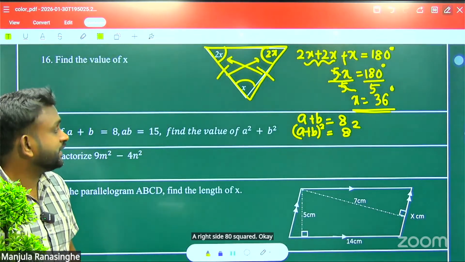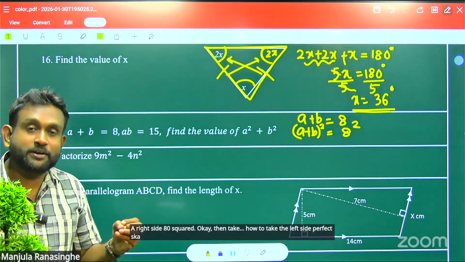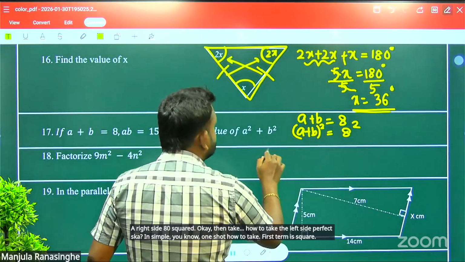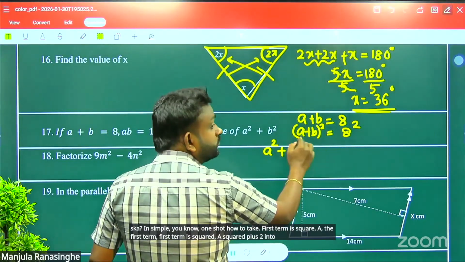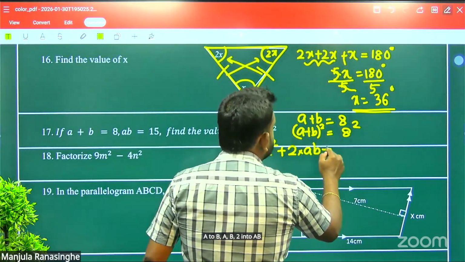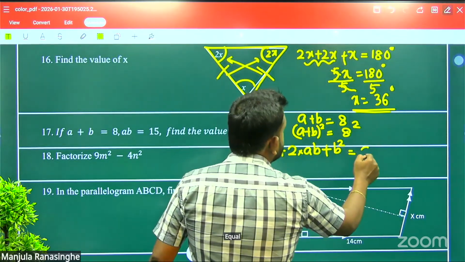Then how to take the left side perfect square, in simple terms, in one shot? The first term is squared, a squared, plus 2 into the product of the terms, a into b, ab, 2 into ab, plus the second term squared, b squared, equals 8 squared, which is 64.